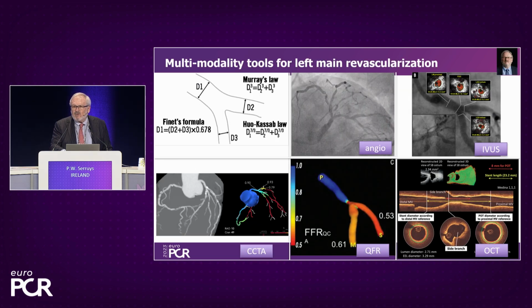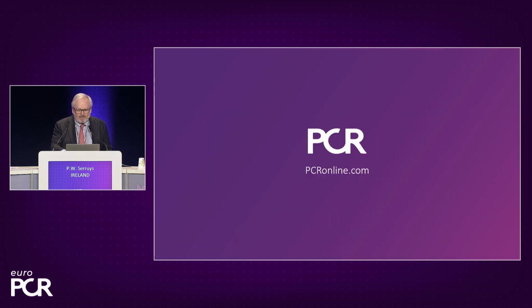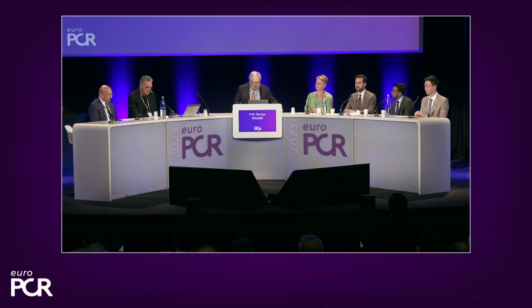Of course, we have multiple modalities shown on this slide. You can use the angiography, the conventional angiography. You can involve IVUS technique, QFR, OCT, and CTA. That will be for the introduction.